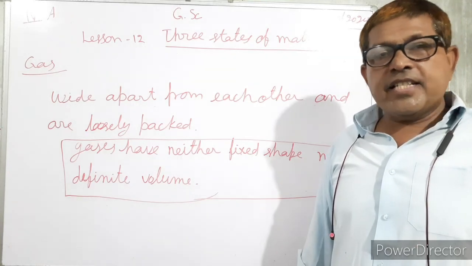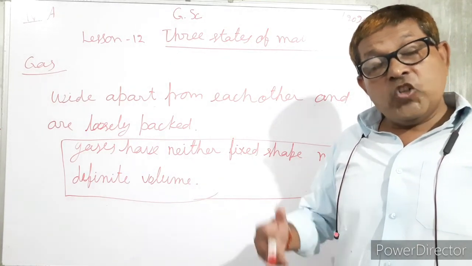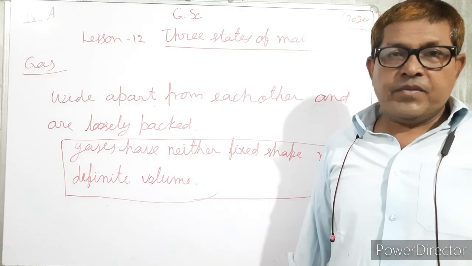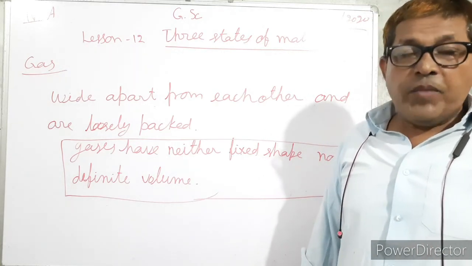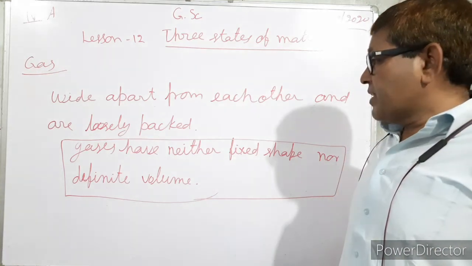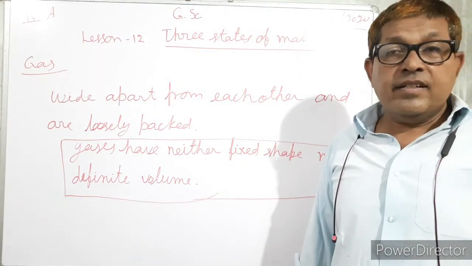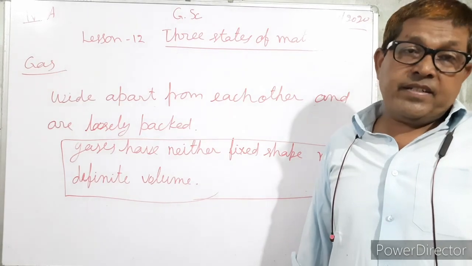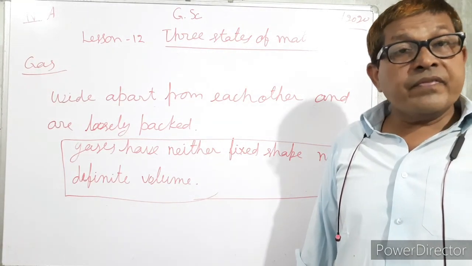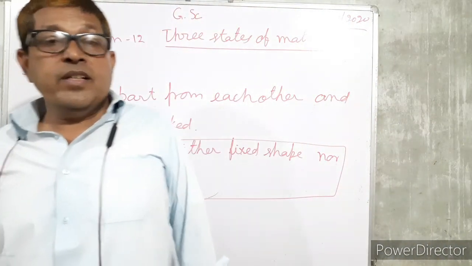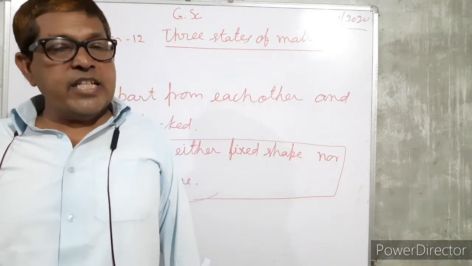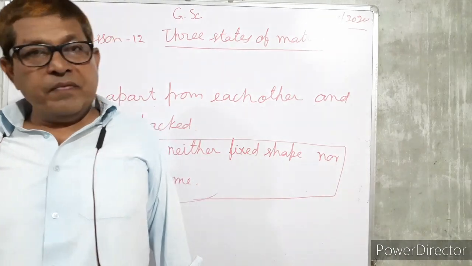But in case of liquid, volume is fixed, volume is constant, but shape is indefinite. Shape is not fixed. But in case of gases, both volume and shape are not fixed.